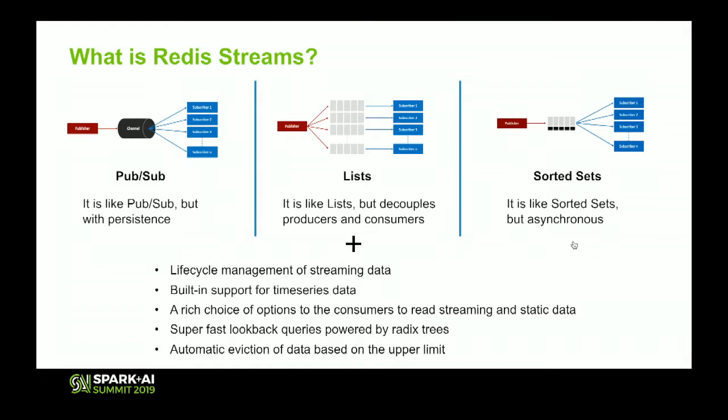So Redis streams is a combination of PubSub, lists, and sorted sets, and it also does a lot of other things. It supports a lifecycle for consuming data. You can scale up. It has something called consumer groups, so you can have multiple consumers who belong to a group. And if one consumer goes down while processing data, you can have another consumer claim all the data.